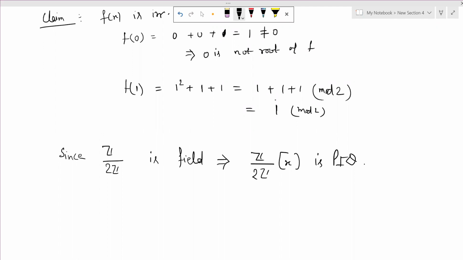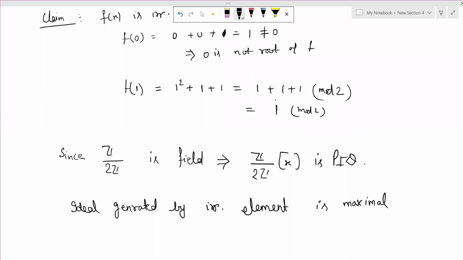This I proved in my previous interaction session, maybe the 4th, and this is also done in your class. So the ideal generated by an irreducible element is maximal, done in the 4th interaction session, right?